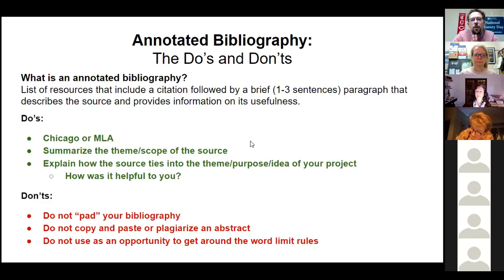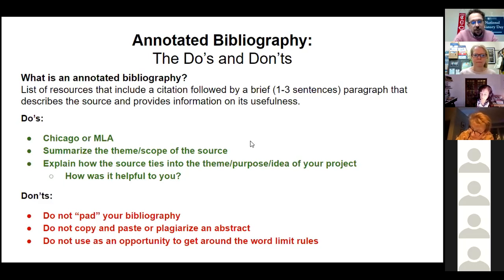It's to give you an idea of why it's being used, how it's being used, and giving you any other pertinent information, of course, of where it can be found, I guess is what I should say. So a lot of the do's and don'ts are pretty standard and pretty straightforward. Now for NHD, Chicago or MLA style citation is allowed.